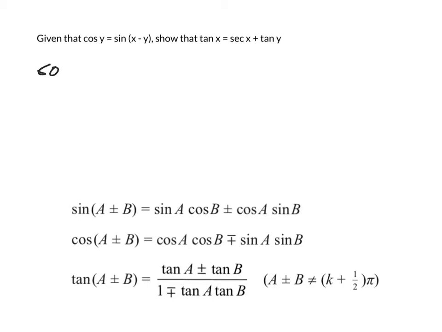We've got cos y equals sine of (x minus y). Next line. Well, let's apply our formula. We've got subtraction of angles here, so let's use this.